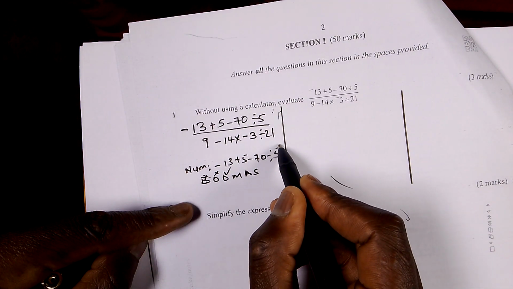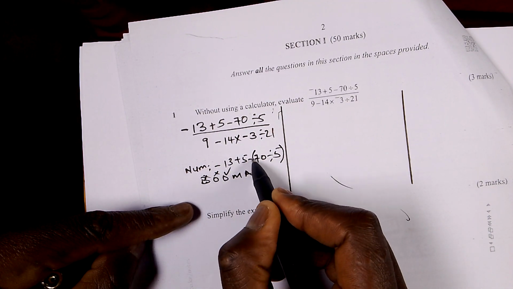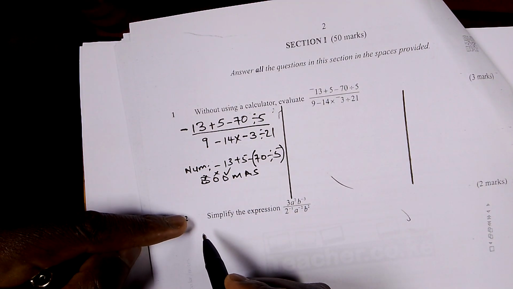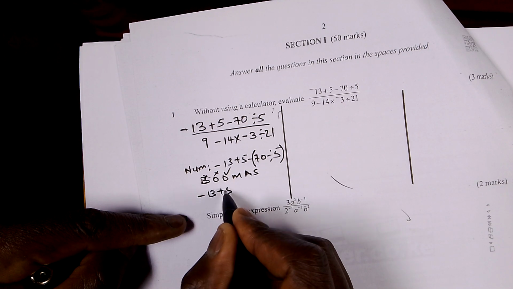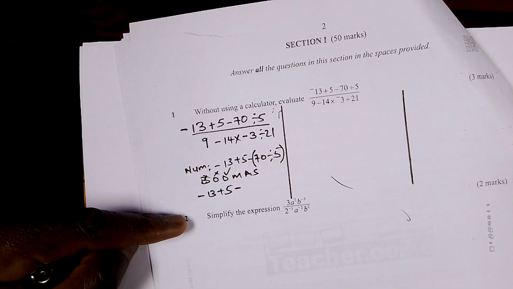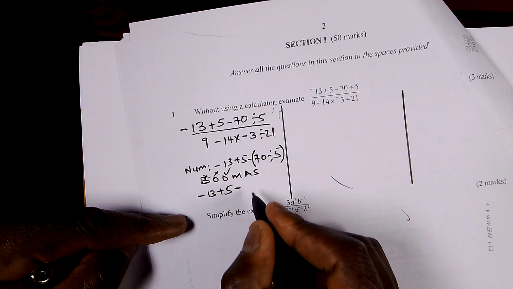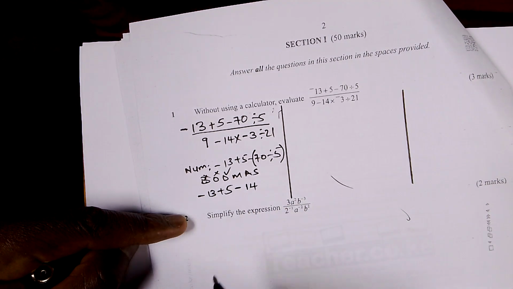So we will first operate the division, that is 70 divided by 5, which will give us 14. So it will be minus 14.